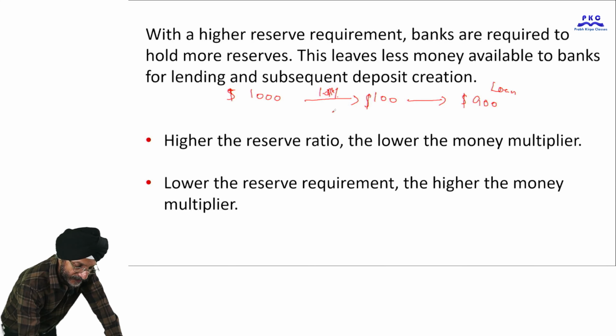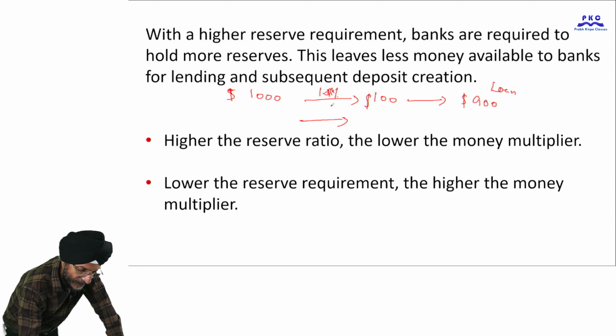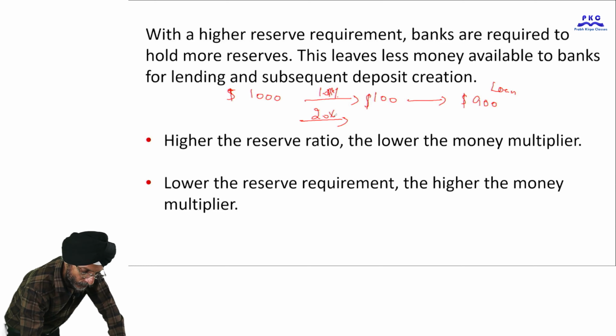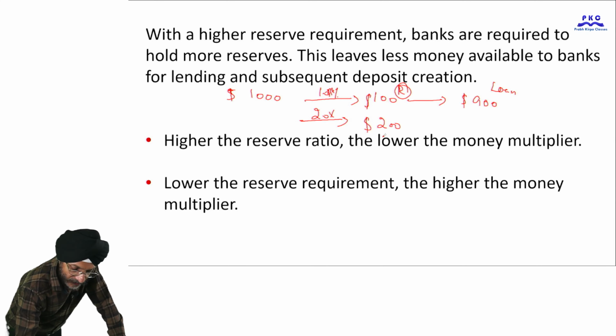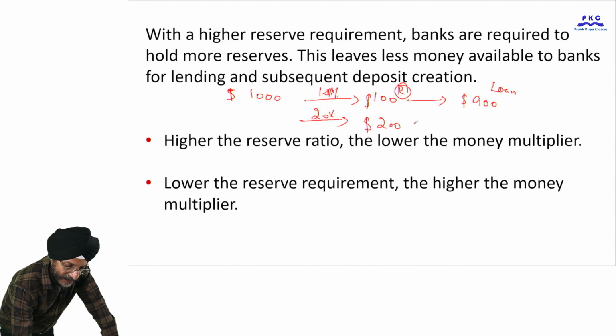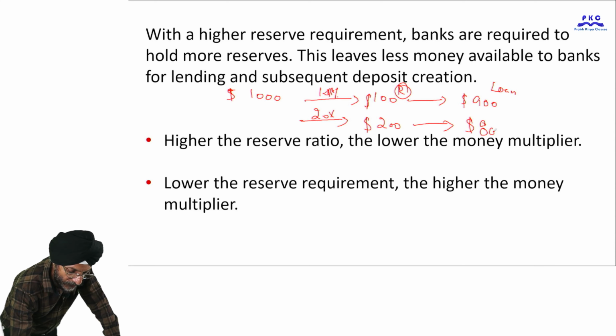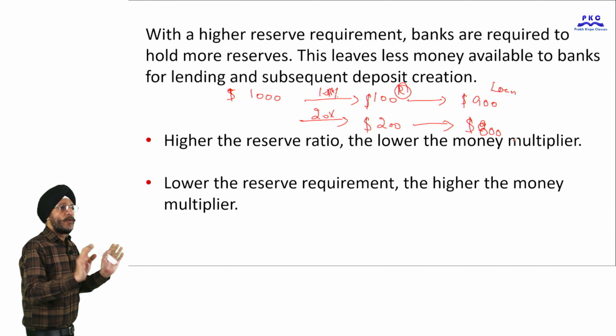So if the reserve requirement ratio is increased to 20%, the banks will have to keep $200 as reserves and they will be in a position to give only $800 as loans.